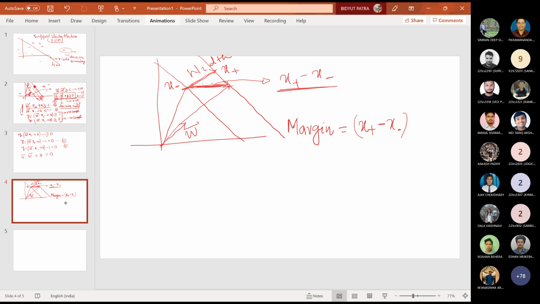This vector is nothing but: a positive sample is the vector here, a negative sample is the vector here, so this vector will be this minus this. Now we project this vector, x plus minus x minus, on the perpendicular vector, which should be the vector W, and obviously a unit vector. So this is the margin.